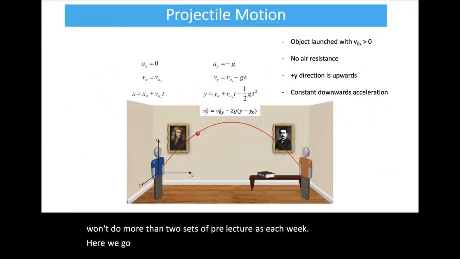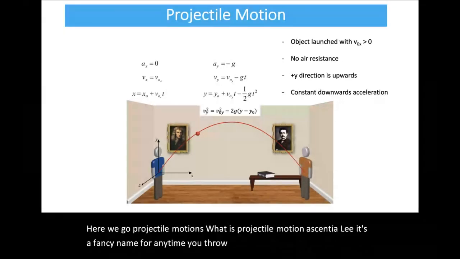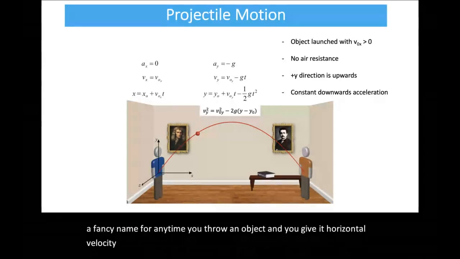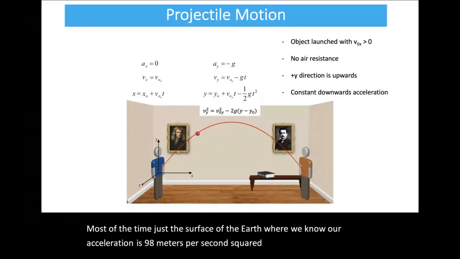Here we go, projectile motion. So what is projectile motion? Essentially, it's a fancy name for any time you throw an object and you give it a horizontal velocity component. We're essentially going to be looking at, most of the time, just the surface of the Earth, where we know our acceleration is 9.8 meters per second squared in the downwards direction.